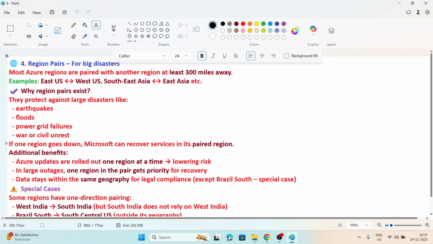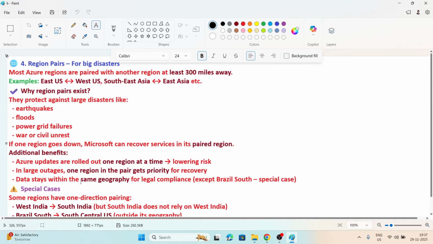In a large outage, one region in the pair gets priority for recovery. Then data stays within the same geography for legal compliance, except Brazil South. For region pairs, the data remains in the same geography.